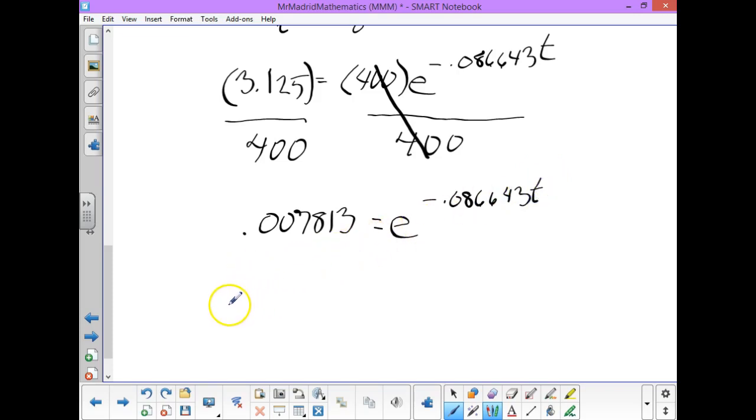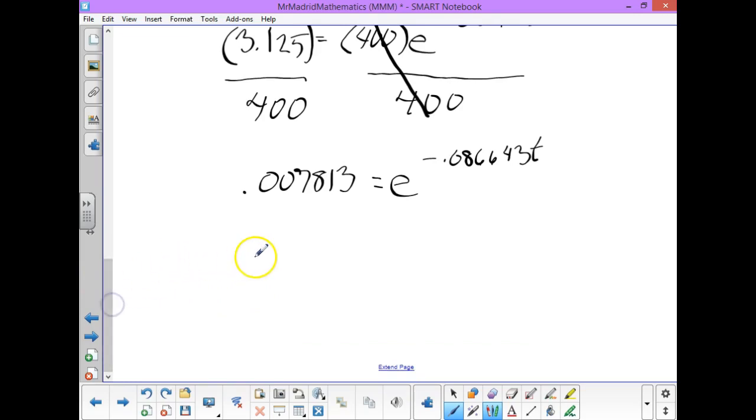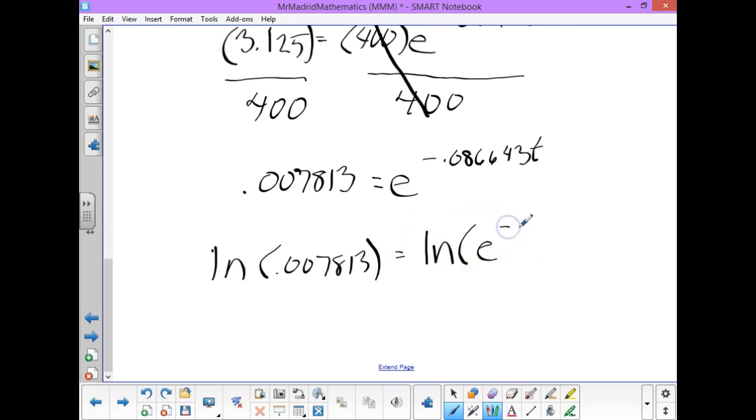And now comes the cool part. Hopefully by now you're a little more comfortable. I'm going to take the natural log of both sides. 0.007813 equals the natural log of e to the 0.086643 times t.